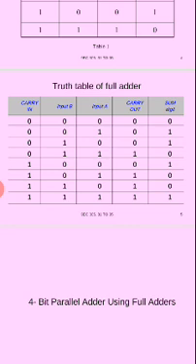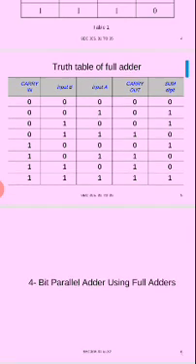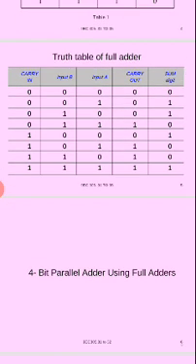That is 0 0 0, 0 0 1, 0 1 0, 0 1 1, 1 0 0, 1 0 1, 1 1 0, 1 1 1.